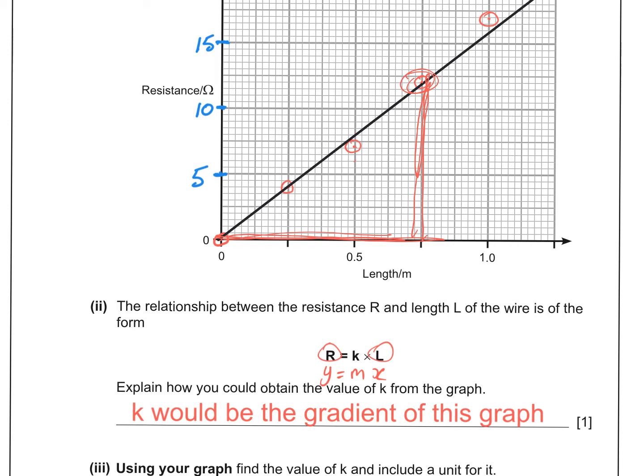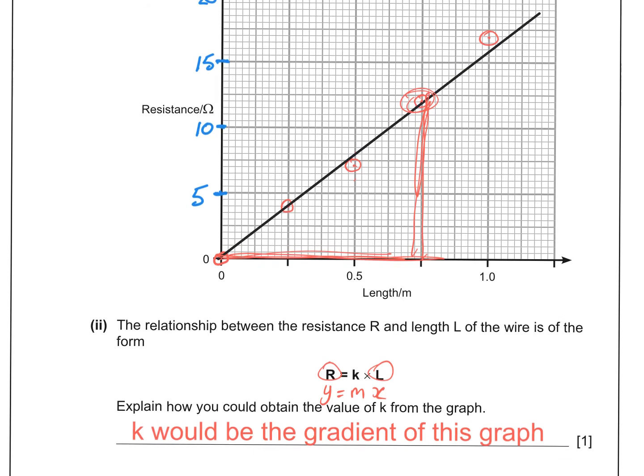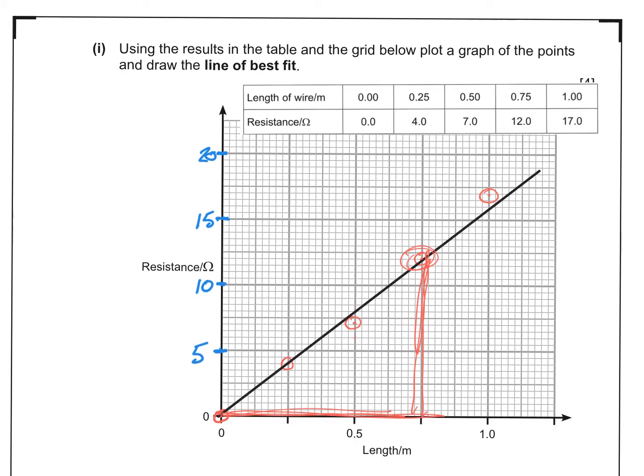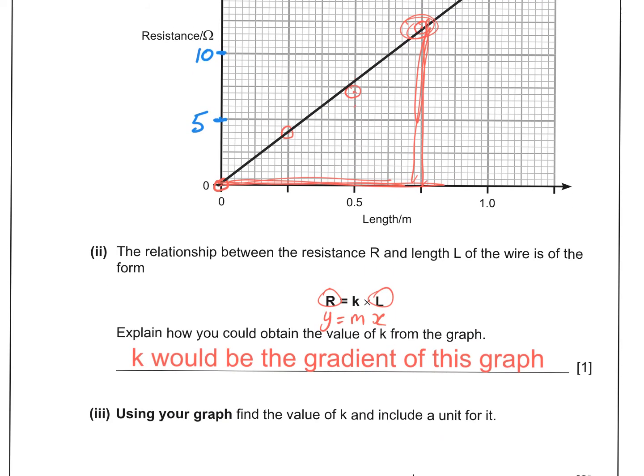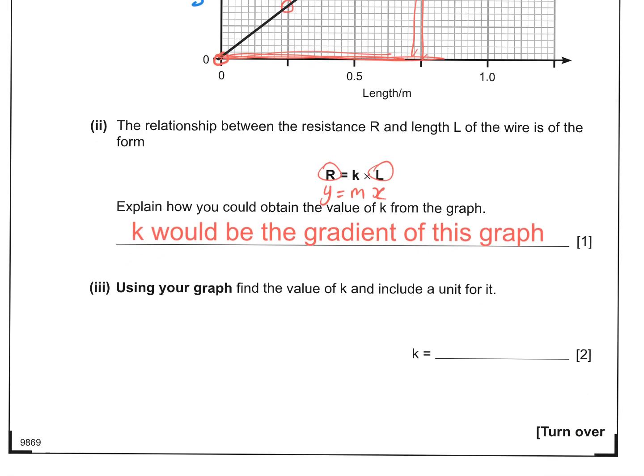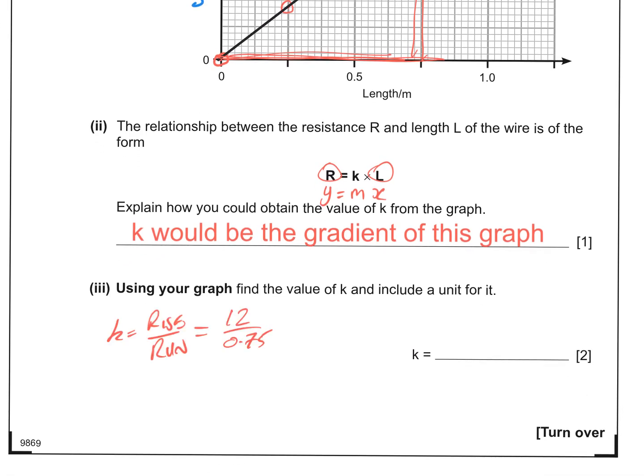So we can just use the numbers for that value, which were 0.75 and 12, to find the gradient. So it's 12 over 0.75, and that comes to 16.